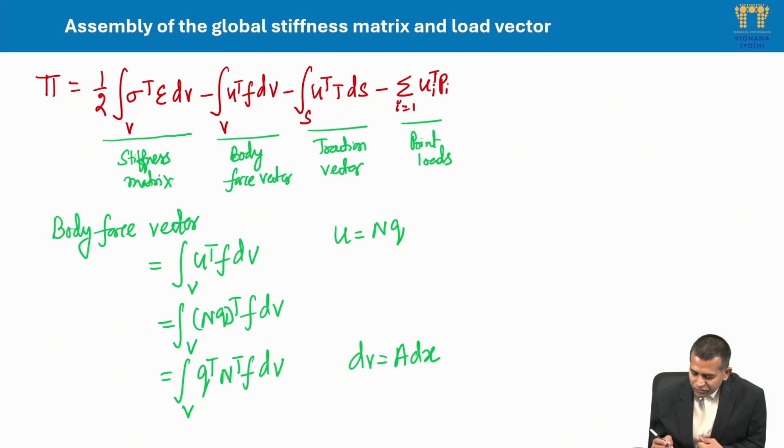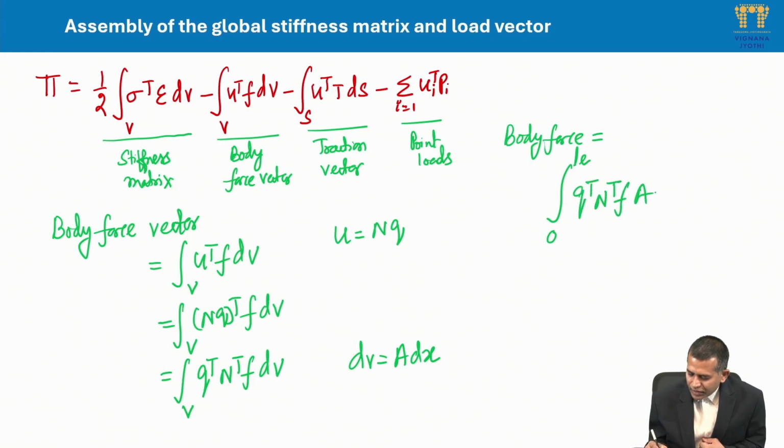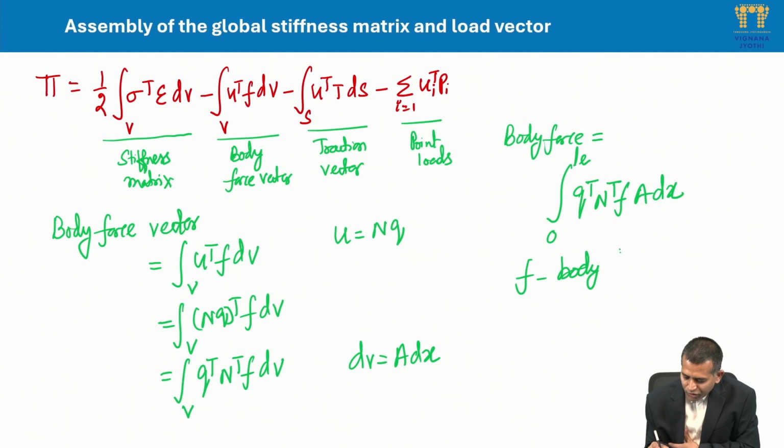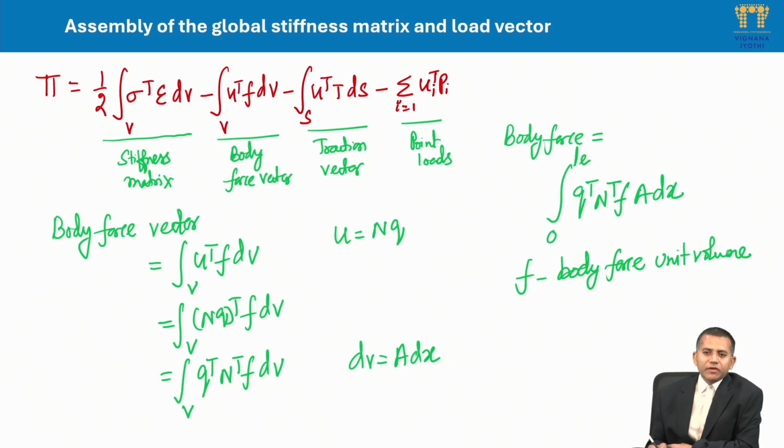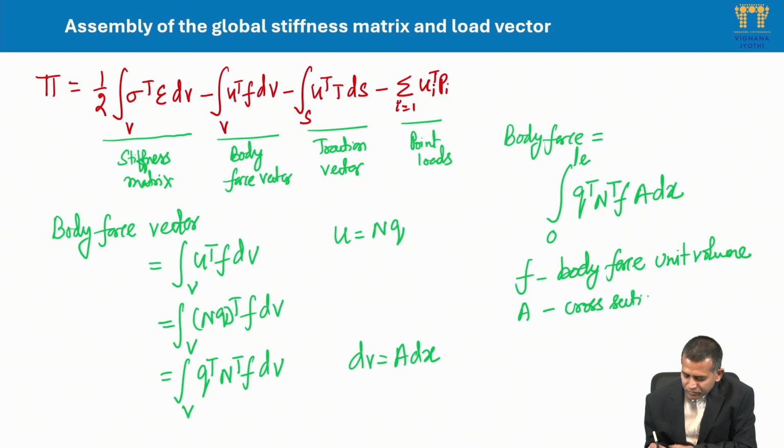Now if you substitute them, we get an expression for this body force as the integral from 0 to LE over length of q transpose into N transpose into f A dx. Here f is basically your body force per unit volume, which is a constant value for the given body, and A is the cross sectional area of the given element, right?